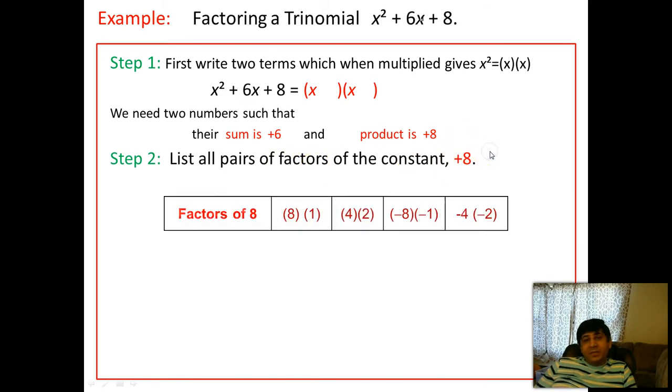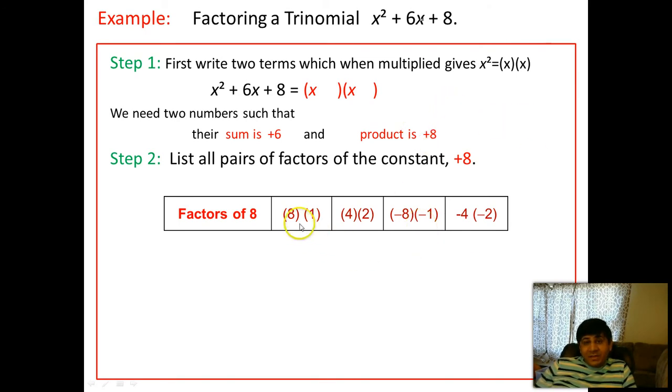The possibilities are 8 times 1, which gives plus 8, 4 times 2, which gives plus 8, minus 1 times minus 8, and minus 4 times minus 2, which give 8 as well. I only kept those which produce plus 8, and ignored the ones that produce minus 8.